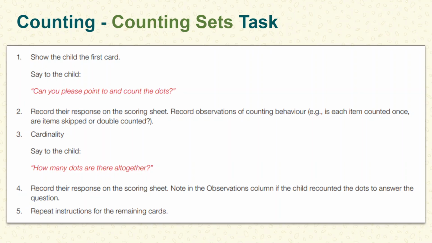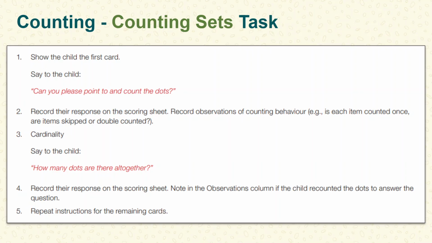From there, you're going to be looking at the cardinality component. Once they finish counting the dots, you're going to say to the child, "How many dots are there altogether?" And now it's really important to pay attention to the counting behavior.